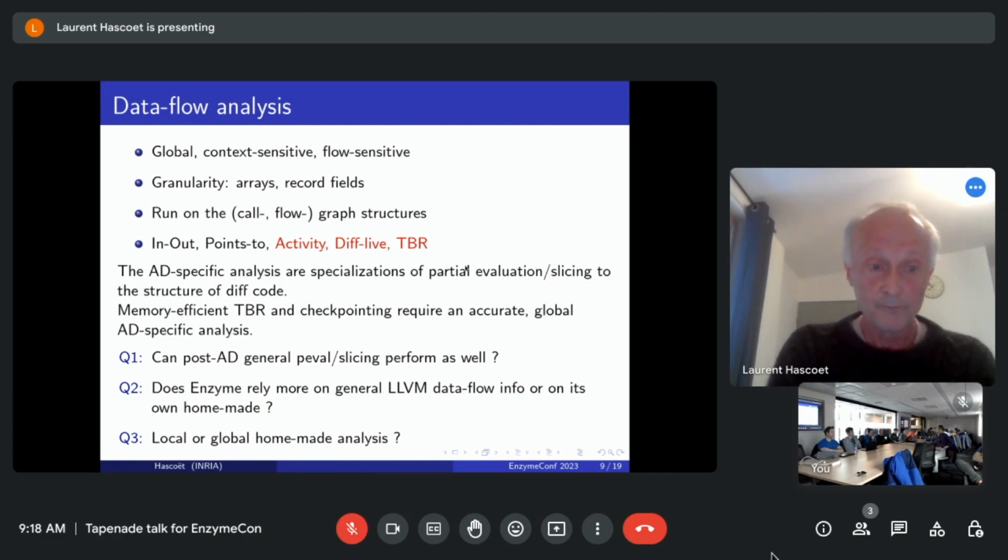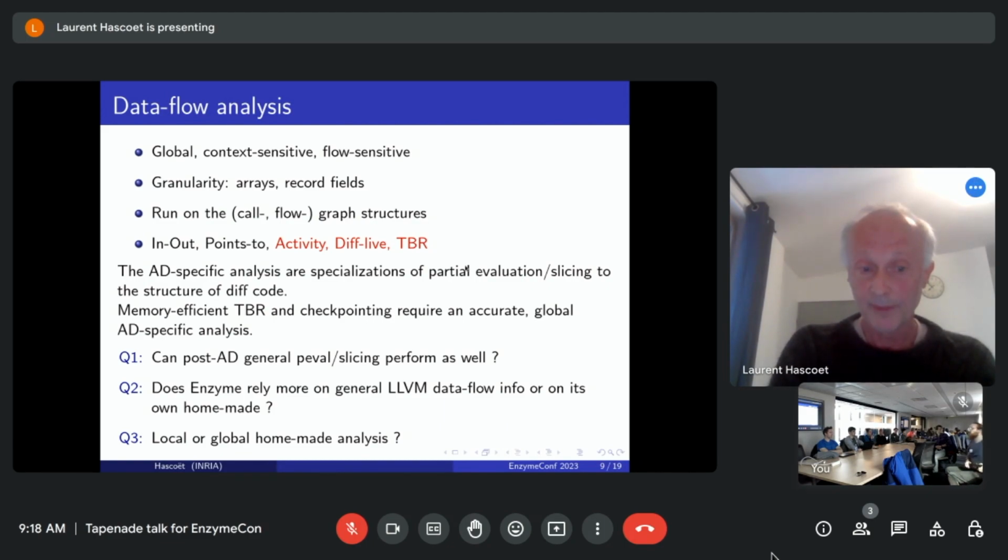So there are questions that I may ask you, in a sense. Is it really possible that only a post-AD general compiler optimization performs like that as well? I doubt it's likely, but yeah. And also, does Enzyme rely only on the general data flow analysis provided by the surrounding compiler, LLVM, or does Enzyme have to implement its own homemade specific analysis?